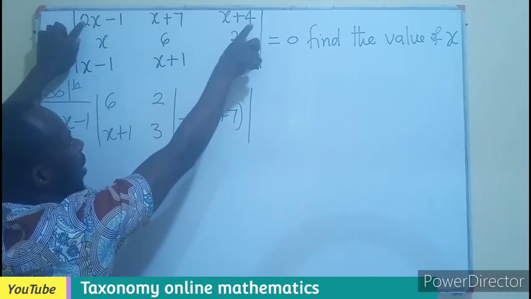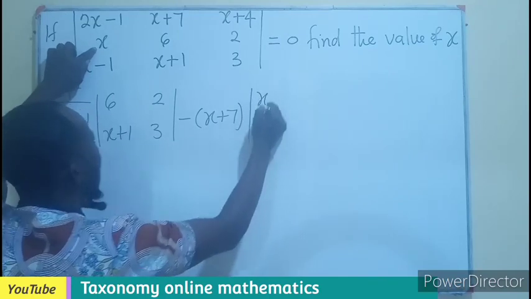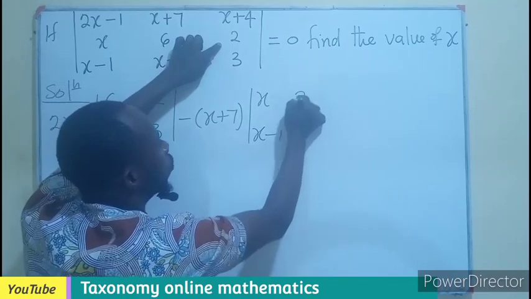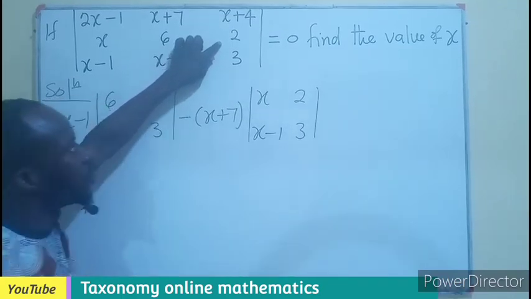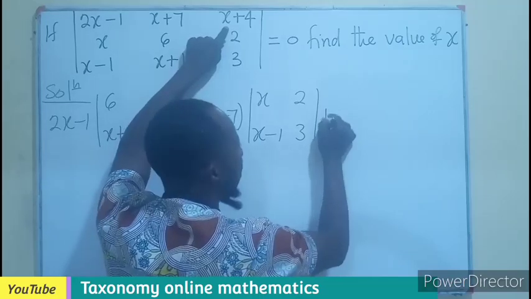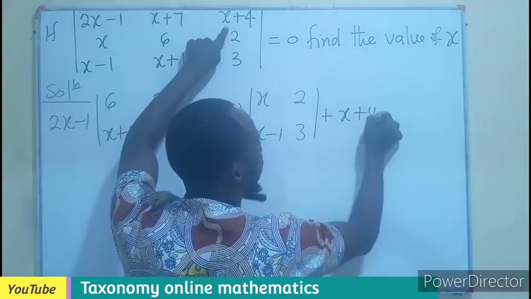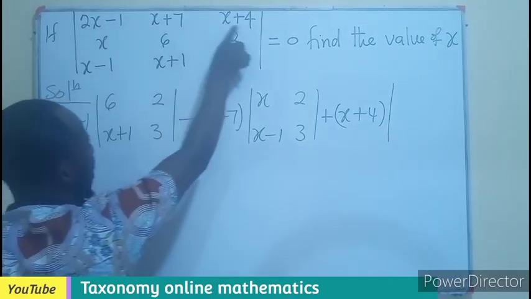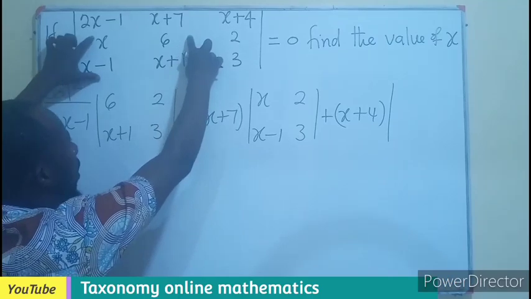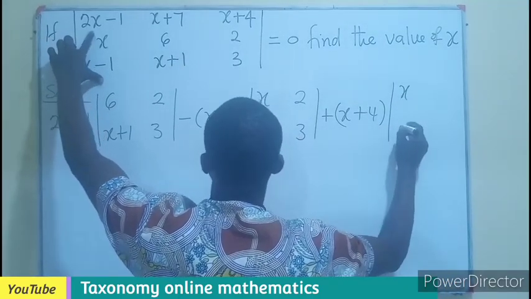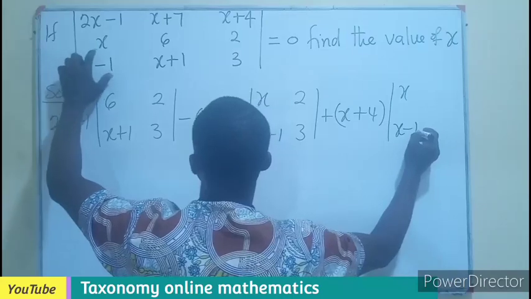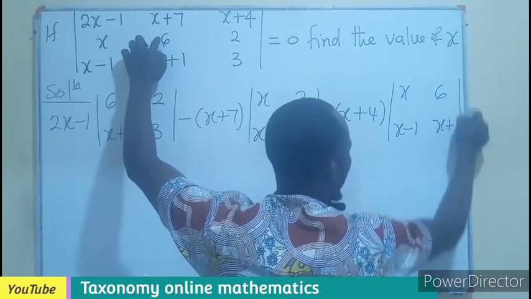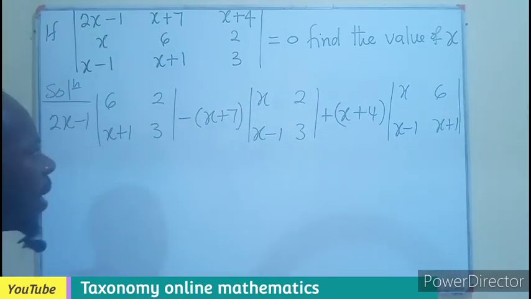So I'll be having only x in the first entry, x minus 1 in the second entry, 2 and 3. So now let's take the last one, which will also be plus x plus 4, multiplying the determinant of the whole row being covered. This is covered, so I'll be left with only x minus 1, then 6, x plus 1, the determinant.